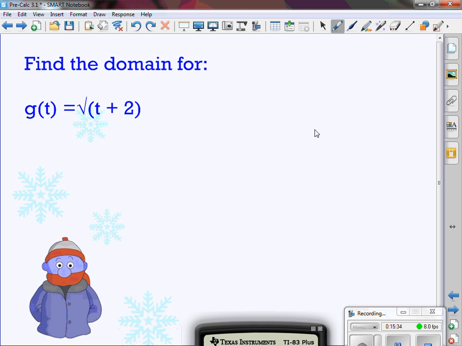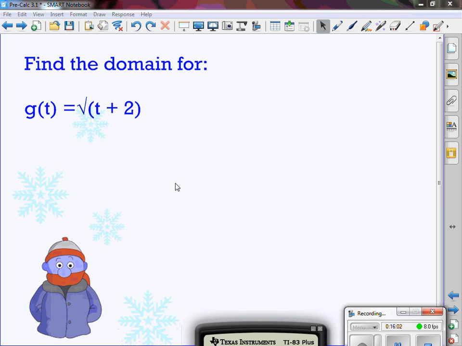Now on this one, I have g of t equals the square root of t plus 2. On this one, I know there's no bottom. Is there any limitation on non-negative numbers? Is there any limitation on putting in 0? Is there any limitation on putting in any positive number? Why can't I put in negative 3?